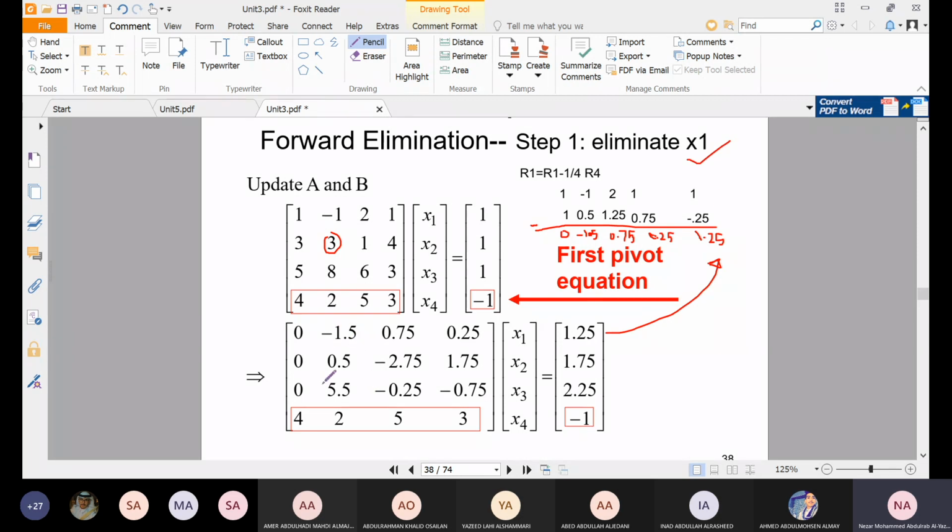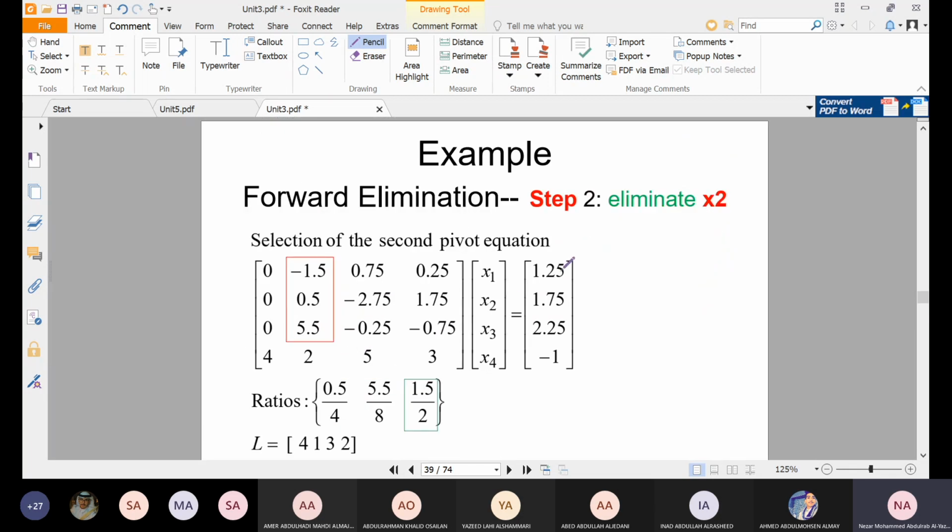What's the next step? We need to eliminate the coefficient in the second column. But here also we need to use these coefficients that are considered, because we want the next step to do elimination of x2. We need to use the elements located in the pivot position for x2 to find the new pivot row, or pivot equation.